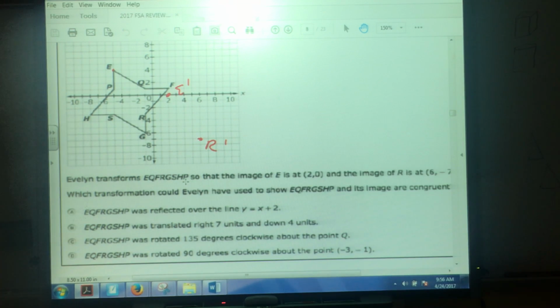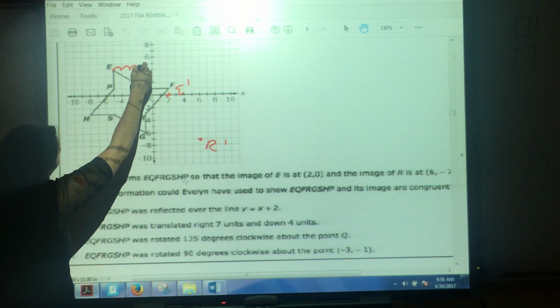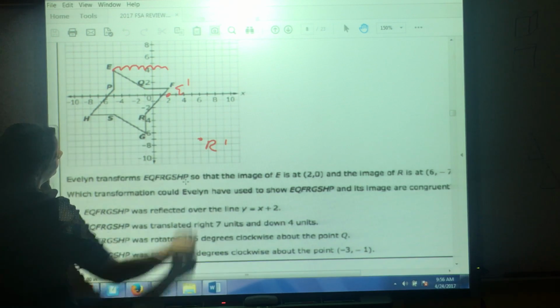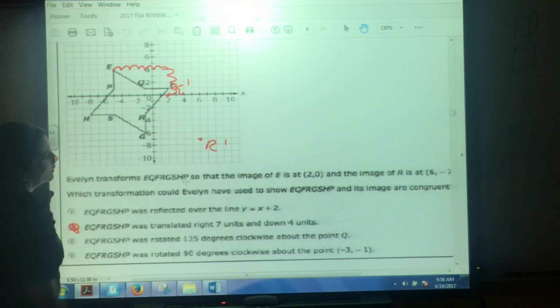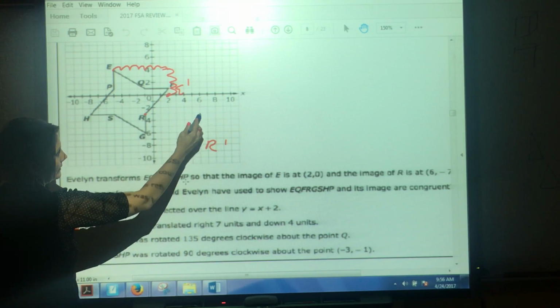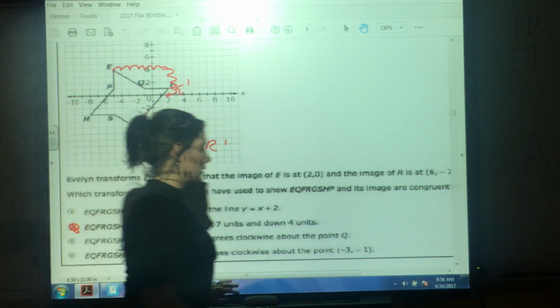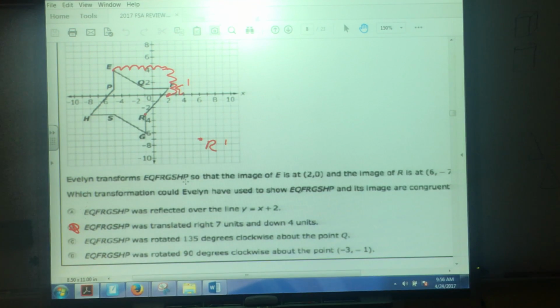Before you get too hung up on anything, just read your options. Look at that one. It's the easiest one. Did we not go to the right 7, and then down 4? Look at this R to this. We go to the right 7, down 4. That's your money. So look for the easy stuff first.